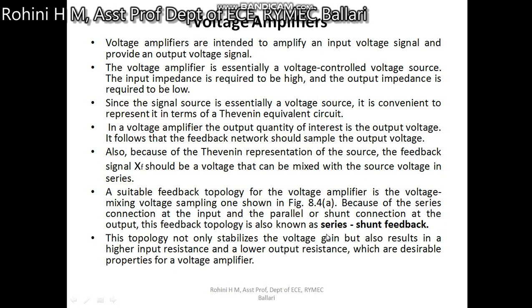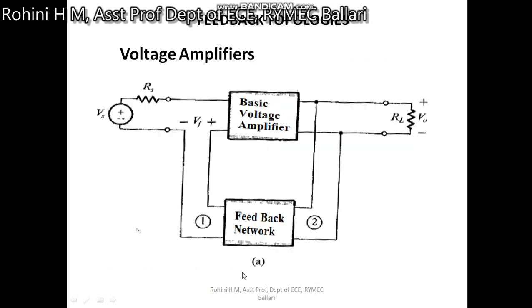Hence it is also called series shunt feedback. This topology not only stabilizes the voltage gain but also results in a higher input impedance and lower output resistance, which are desirable properties of a voltage amplifier. So this is the voltage amplifier. Remember, it is series shunt.